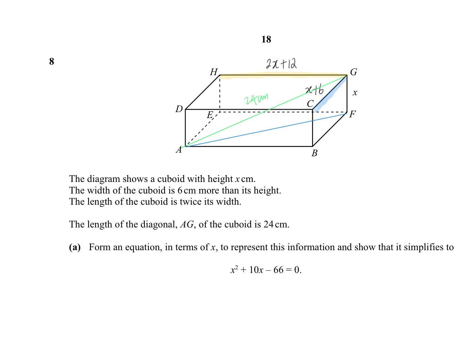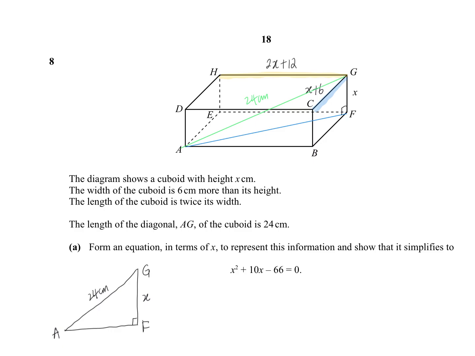Can you see that the right angle triangle is GFA? So G, F, and A, they tell me AG is 24 cm, GF is x. What I need to create an equation is to find AF first.